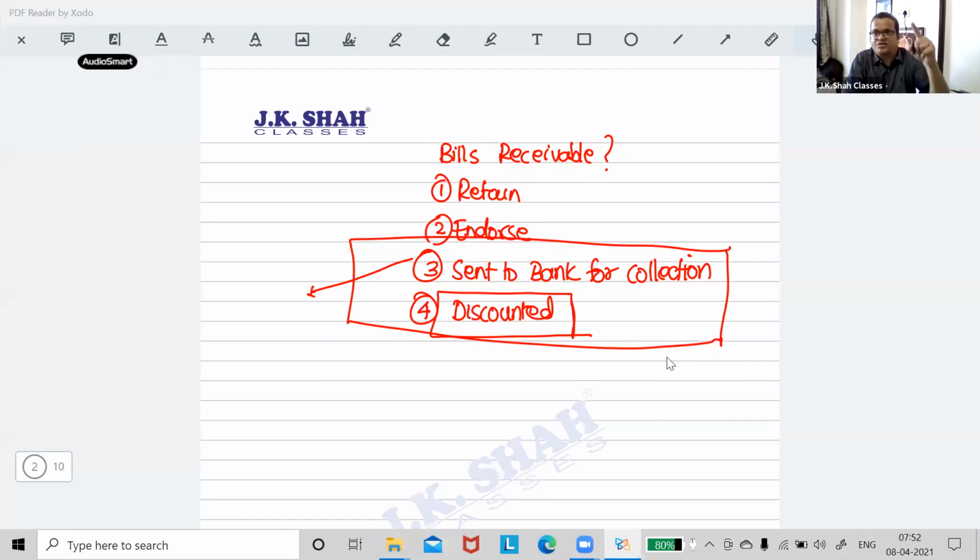So are you aware of the last two services, bills sent to bank for collection and discounting? When you convert the debtors into bills, it is called bill receivable, and then these words come into existence.